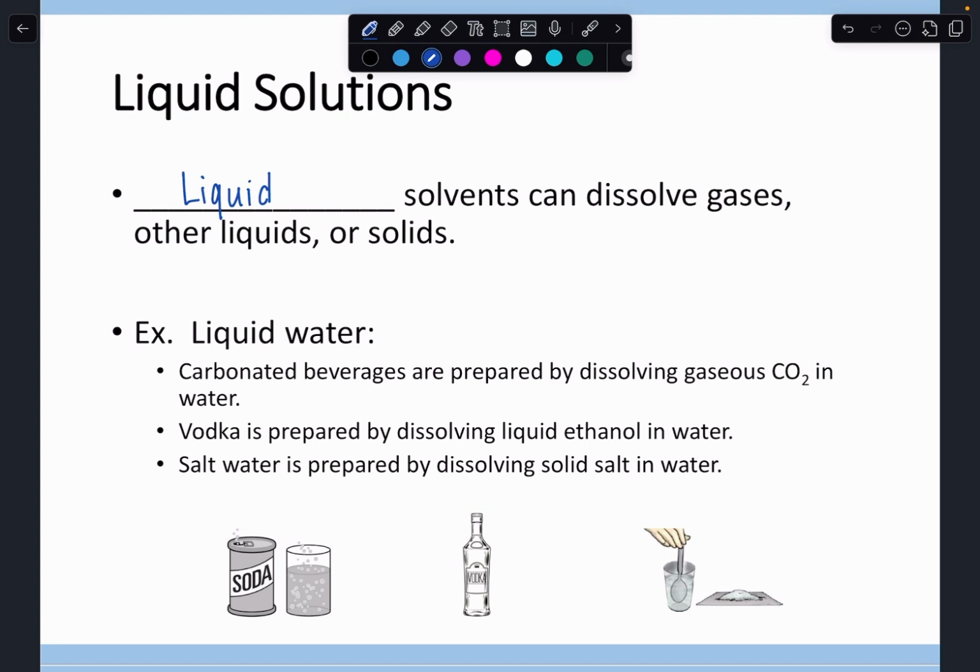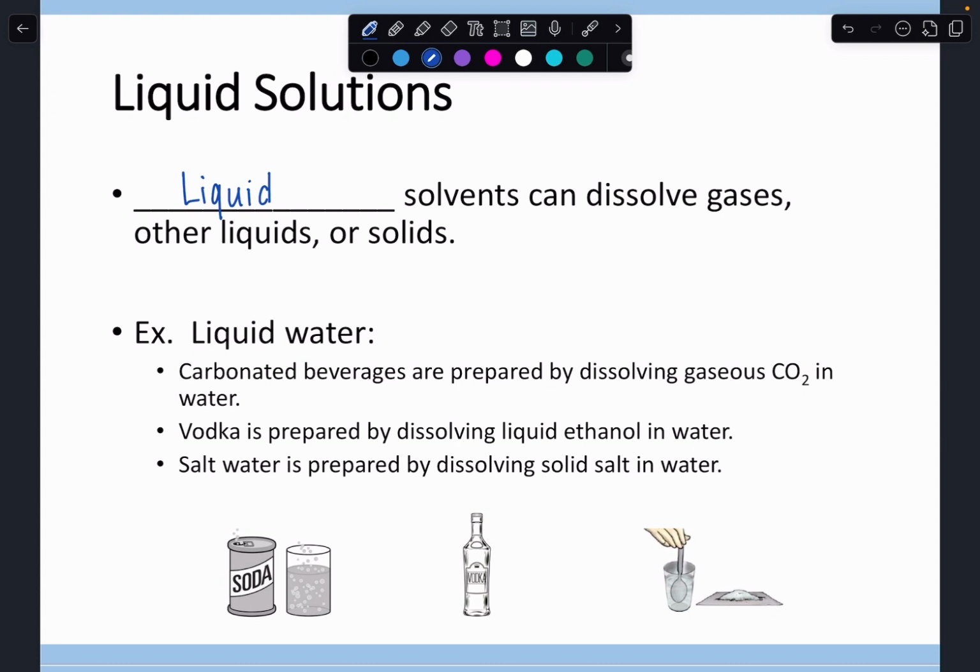An example of liquid in liquid is vodka. That drink is prepared by dissolving liquid ethanol, so a different molecule than water, in water. And then an example of a salt dissolved in water is just salt water. So you can prepare that by dissolving solid salt in a cup of water.